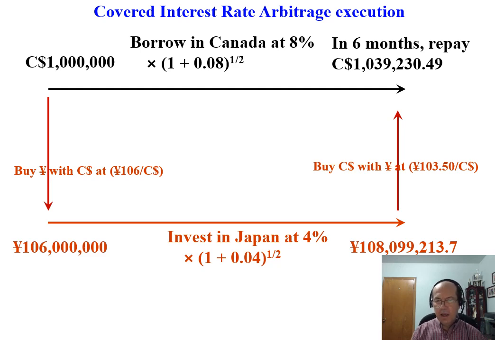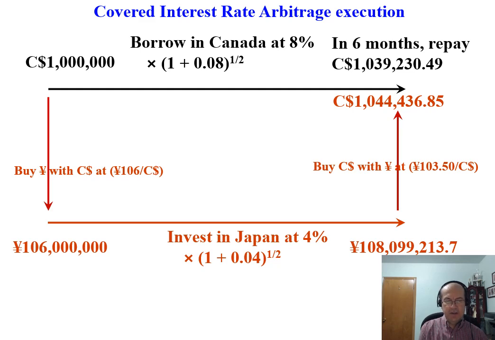So when we divide 108,099,213.7 Japanese yen by the forward exchange rate, which is 103.5 Japanese yen per 1 Canadian dollar, we will receive 1,044,436.85 Canadian dollars.